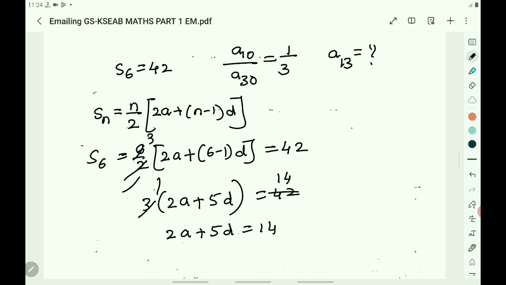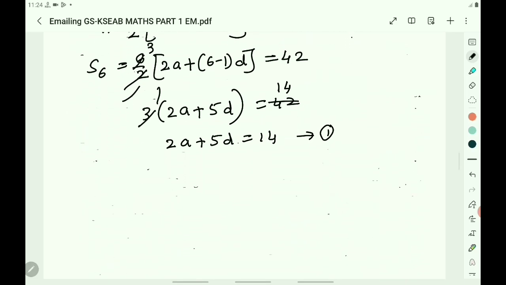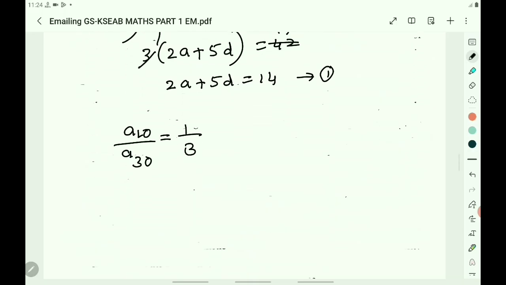If you want to use the elimination method, you write it as it is. Then you take this relation, a10 by a30 equals 1 by 3. a10 is a plus 9d, a30 is a plus 29d, equals 1 by 3.